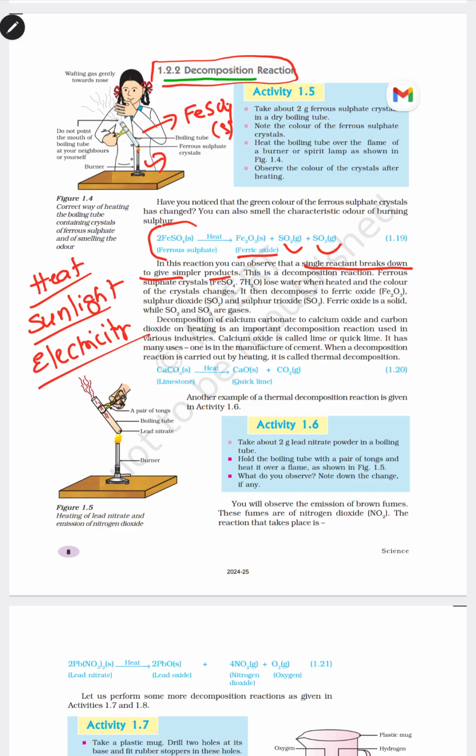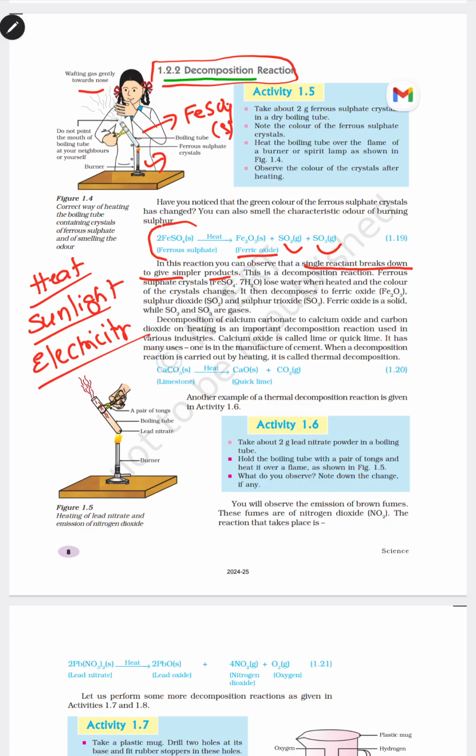So two types of gases are getting released, and Fe2O3 is formed in the solid form. So here what is happening? Wafting gas gently towards the nose. So the gases are getting released after this reaction.